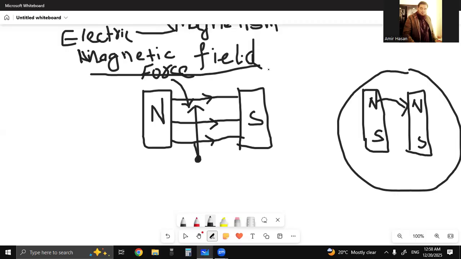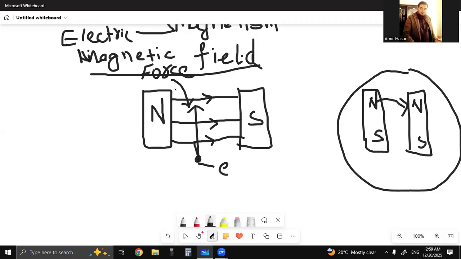Okay. It means I am describing it with the help of electric and magnetic fields. When a particle, an electron or proton, enters the magnetic field, meaning it moves in a magnetic field, what happens? This particle feels a force.